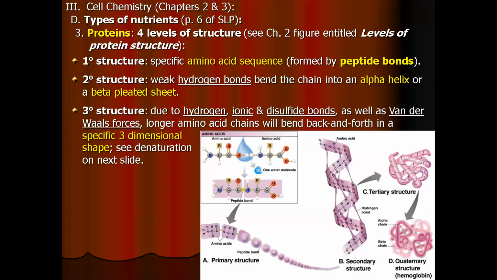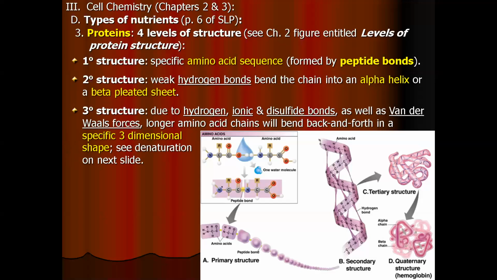Tertiary structure is where the chain gets so big that other bonds will form, including hydrogen bonds, ionic bonds, disulfide bonds, van der Waals forces. Do you guys want me to explain van der Waals forces? Yes, please. Some R groups are hydrophilic, some R groups are hydrophobic.